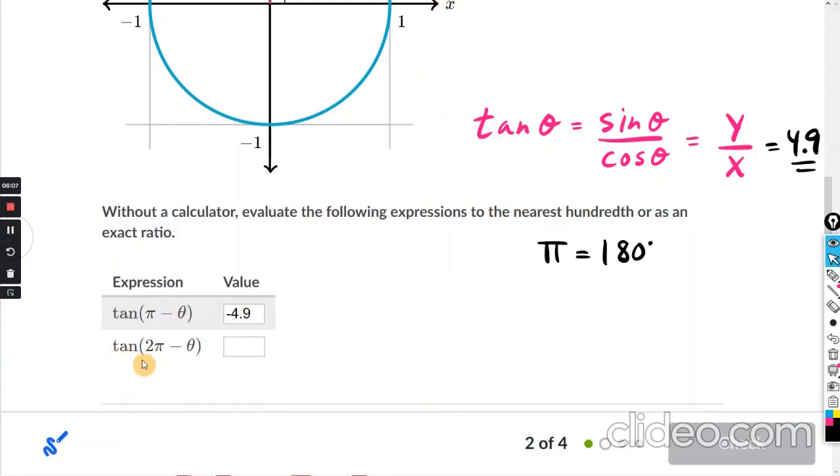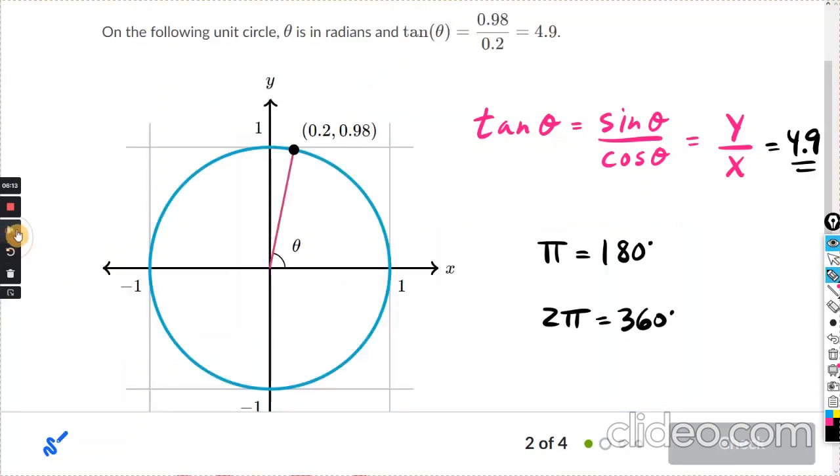Now for the next question, we're going to do the tan of 2 pi minus theta. Remember, 2 pi is 360 degrees. That means we're starting at the original starting point, and we're going to subtract theta. So we're going this amount in this direction, and that is going to be like so.